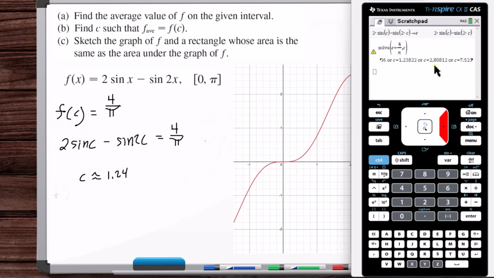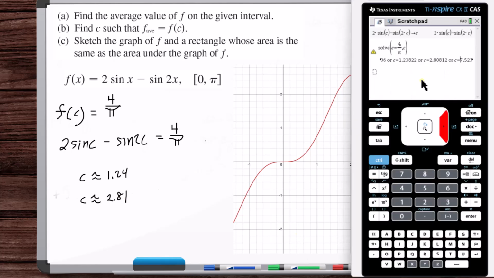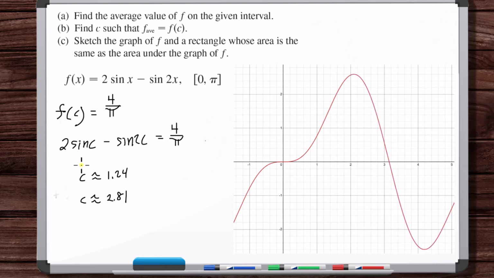There's another one, 2.81. And that's it. So there's the values of c.